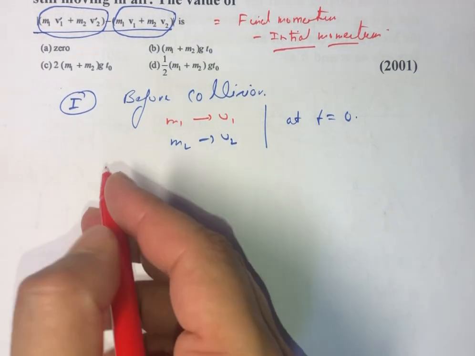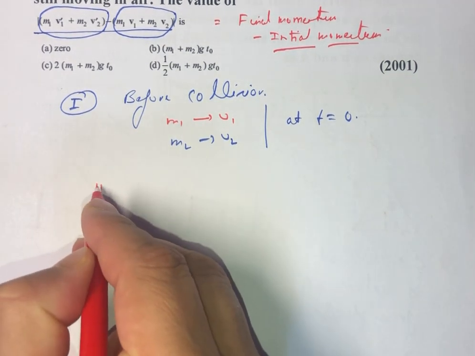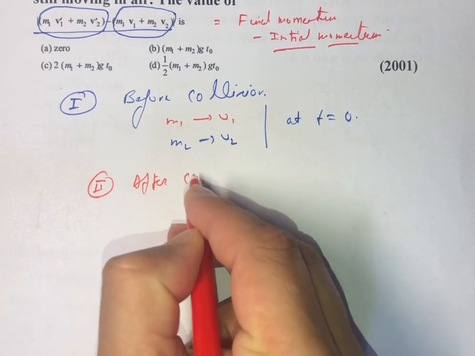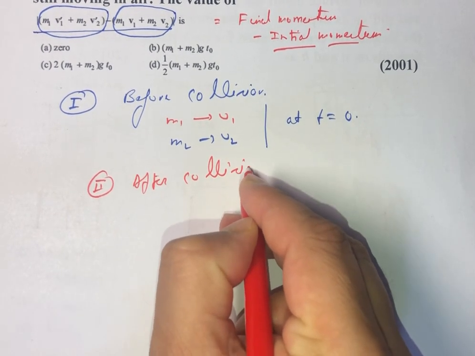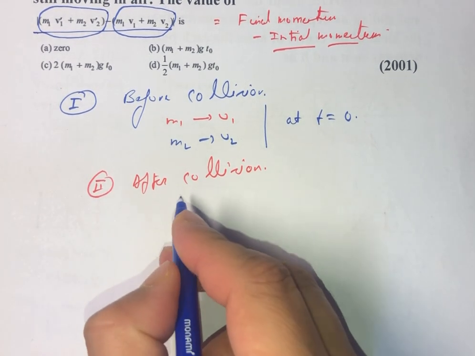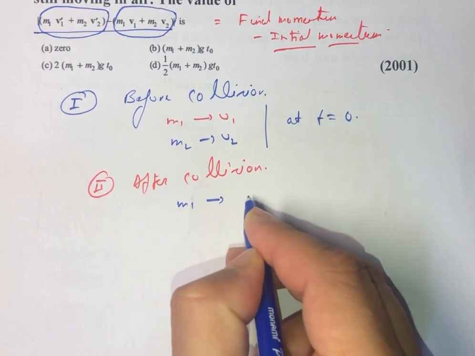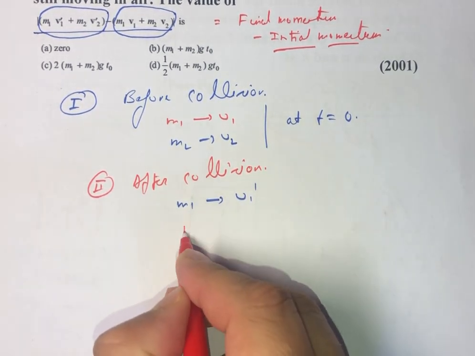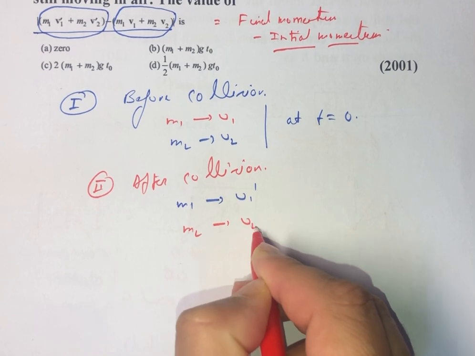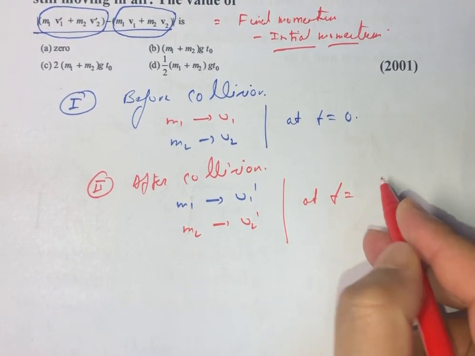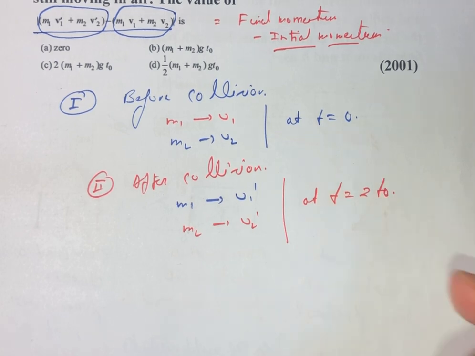And in the second, after collision, m1 velocity is v1 prime, m2 the velocity is v2 prime, and this is at t is equal to twice t naught.